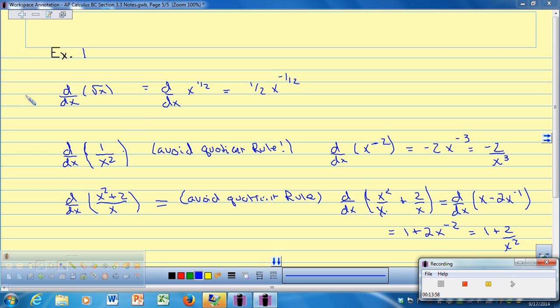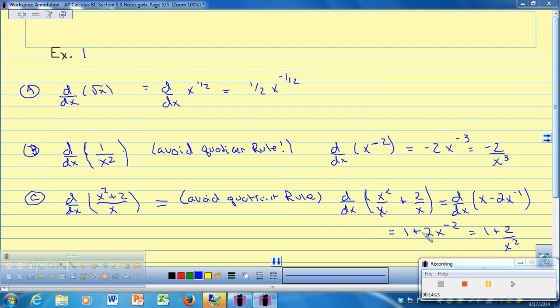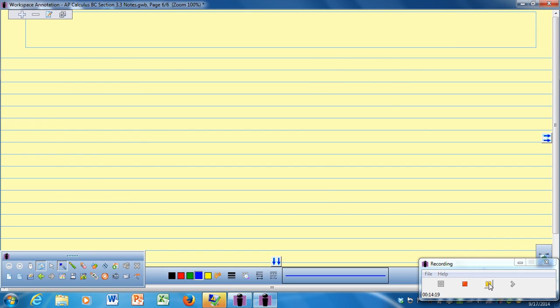So on this page we have 3 examples here. Stop the video if you'd like to stop and look at them. I'll just scroll through so you can see the whole thing. And then we'll continue on with another set of examples.